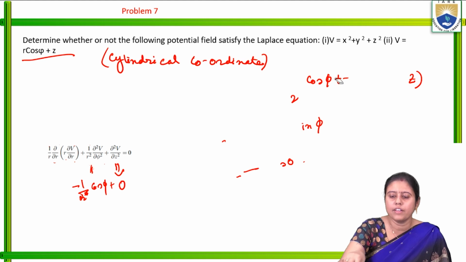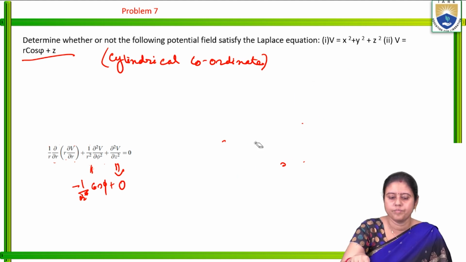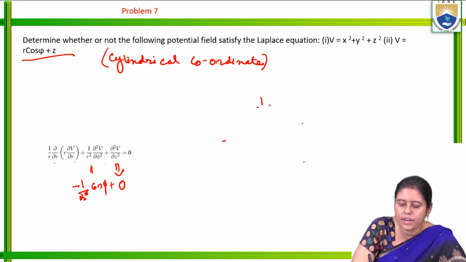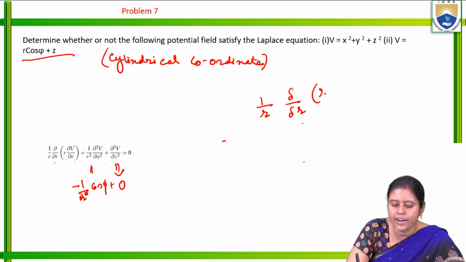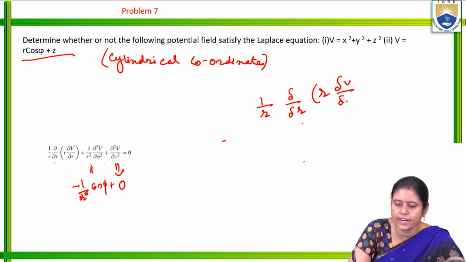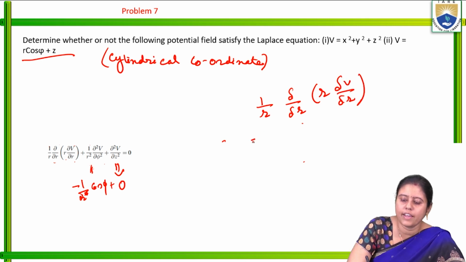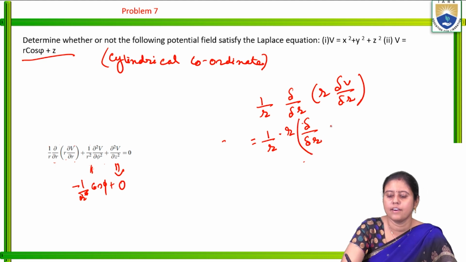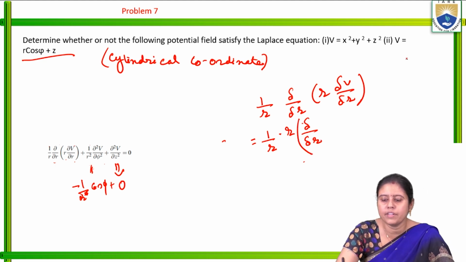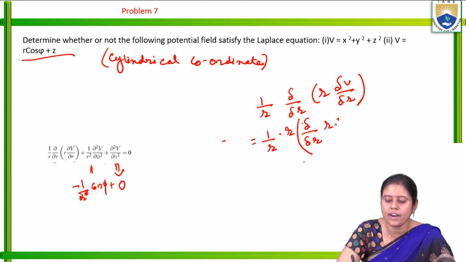What is the third one? The third one is about 1 by r del by del r of r del V by del r. So 1 by r is coming out, del by del r, del V by del r means r cos phi.